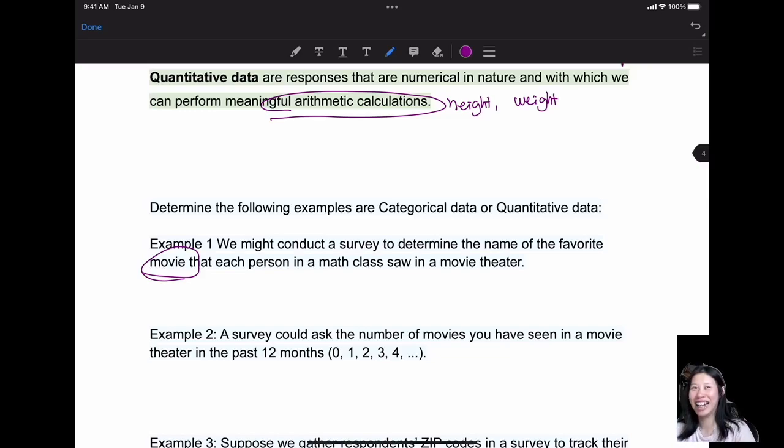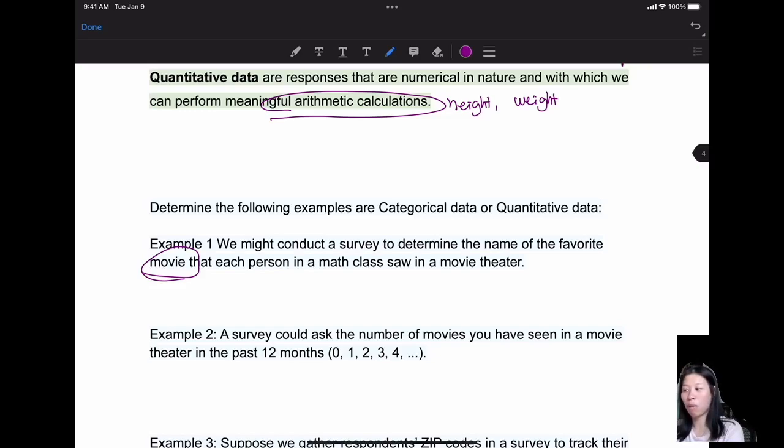Avengers. I don't watch that much movies. The Up, Moana, and other Disney movies or any Marvel movie. It doesn't matter. I don't watch that many movies, so I don't know much about names of movies. But think about that. We might count the number of people who give each answer, but the answers themselves don't have any numerical value.